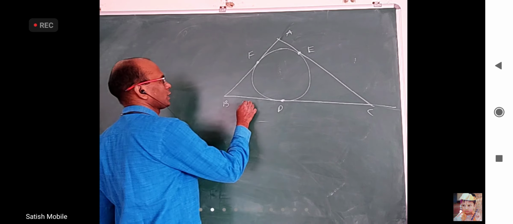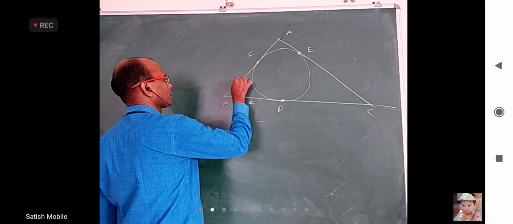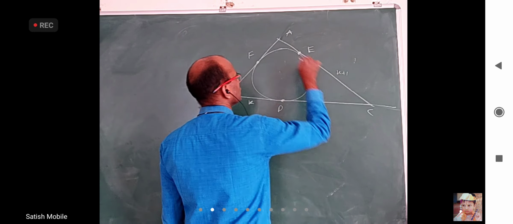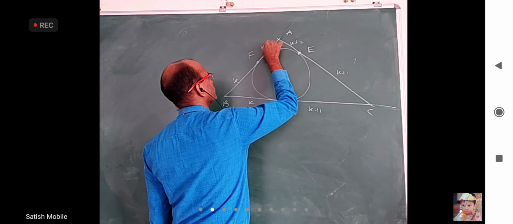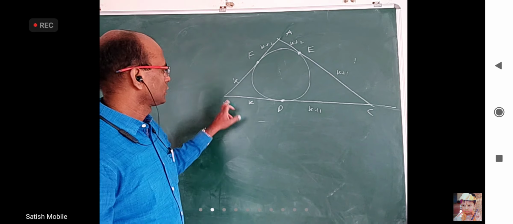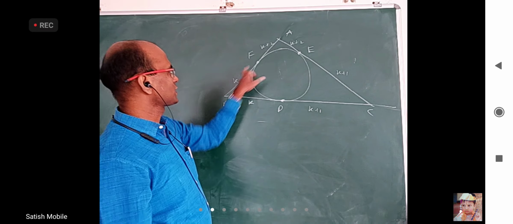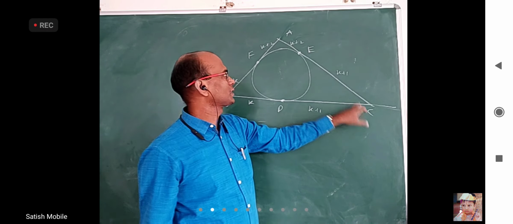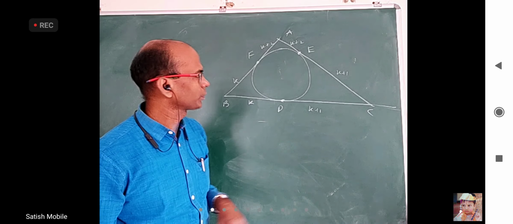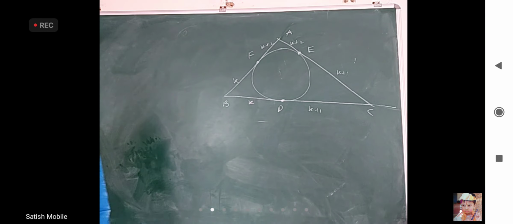So I am going to take this as K, this as K plus 1, this as K plus 2. Maybe this looks shorter but it's okay. They did not say this is K but these are equal. They said this is K plus 1 but this is also K plus 1, this is K plus 2 so this is also K plus 2. There are 3 consecutive natural numbers and inradius is 4.